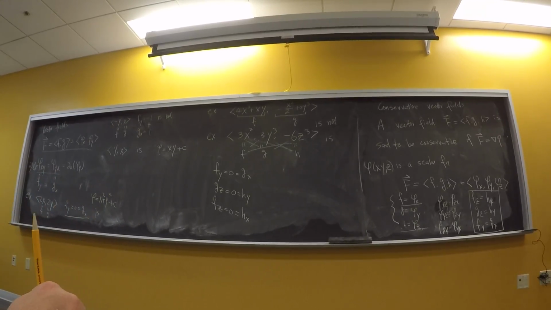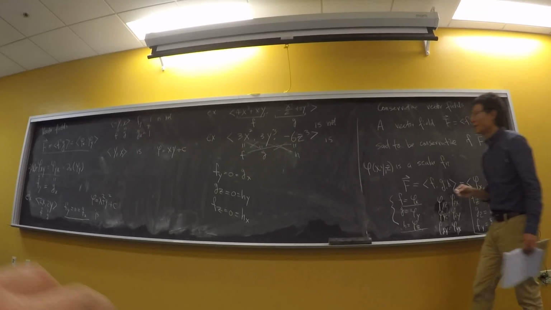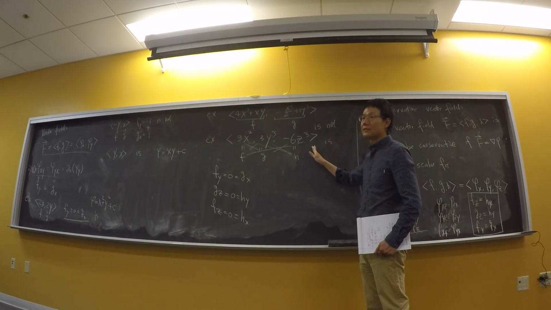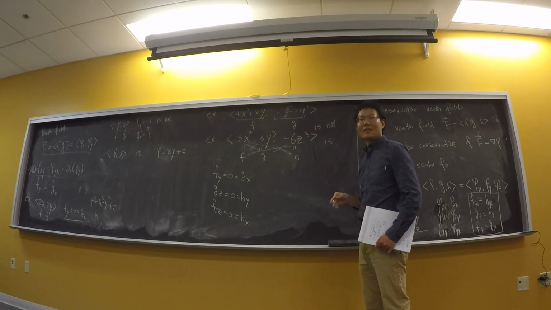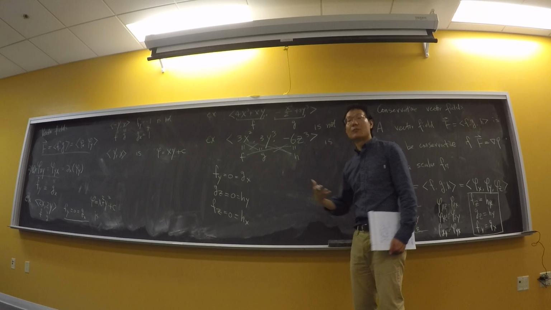Now, all the functions I give you, checking that they are conservative is quite easy. But for the conservative vector fields, finding the potential function is not challenging either for this one, because x, y, z are completely independent. In fact, you can find the antiderivative separately.